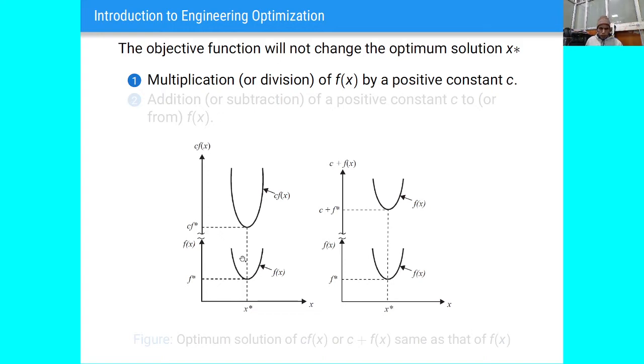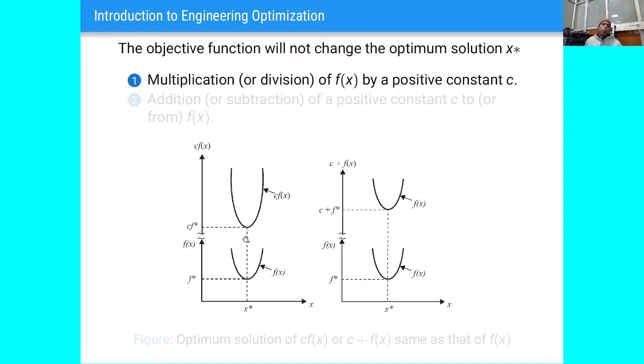Here in the left hand side, you can see there is a function f(x), and there is some optimum value corresponding to your x. This is your optimum value, and f star is the corresponding optimum value of your function.